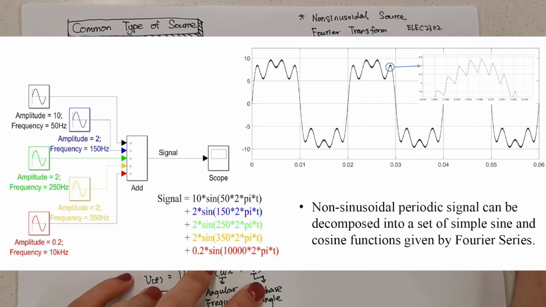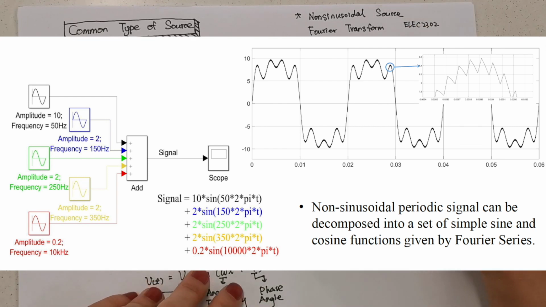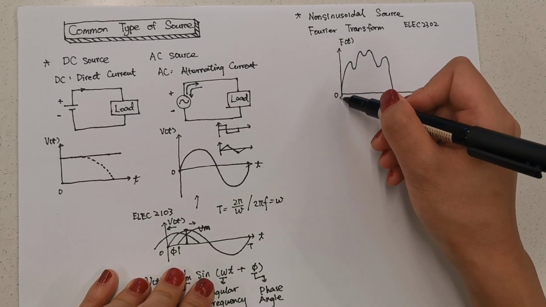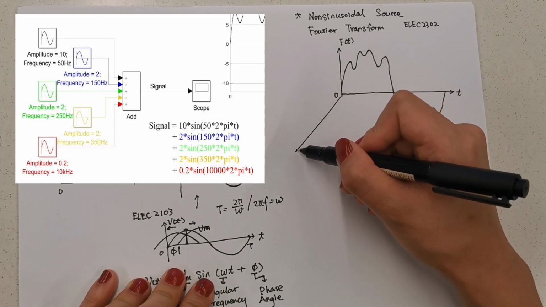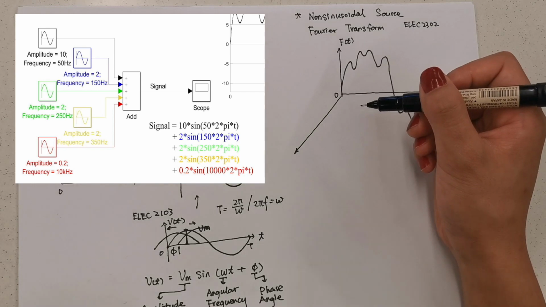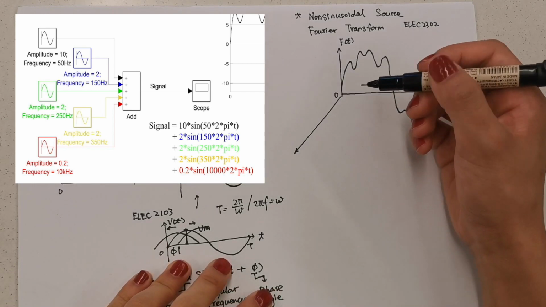Let's look at this non-sinusoid periodic signal. As we know, this non-sinusoid signal is combined from 5 sine waves. So we plot these sine waves here. The first sine wave is when omega is 50.